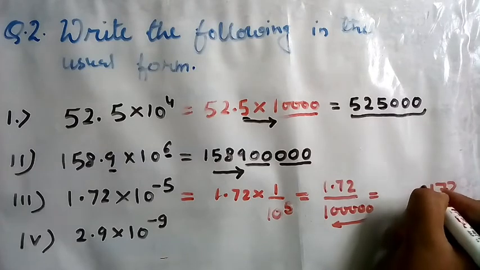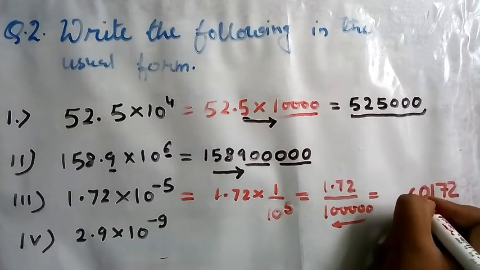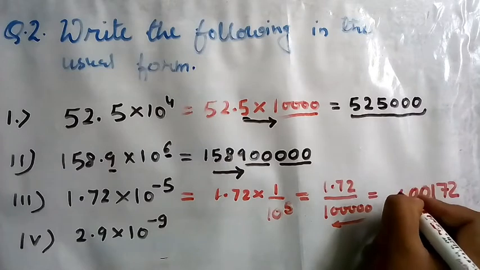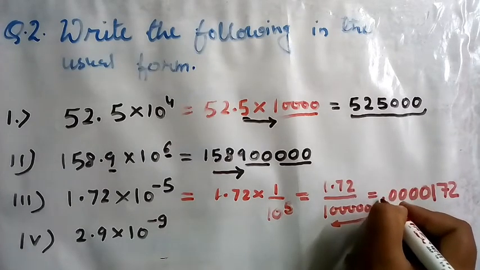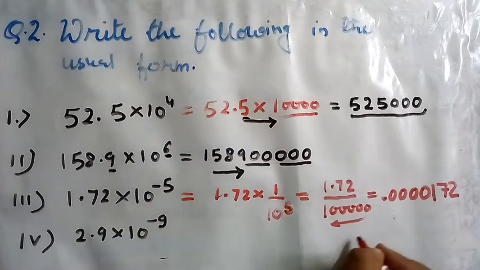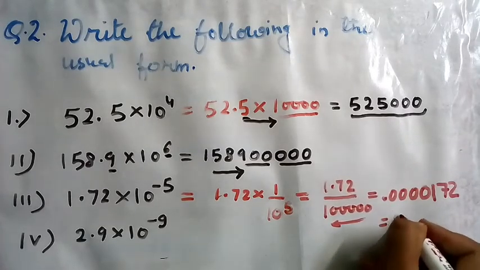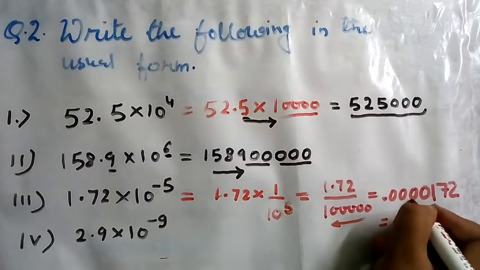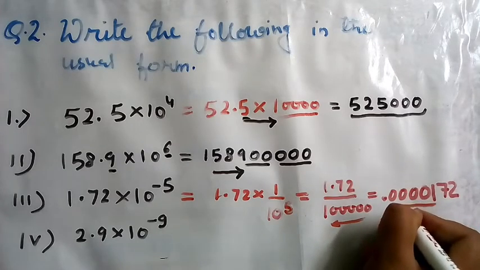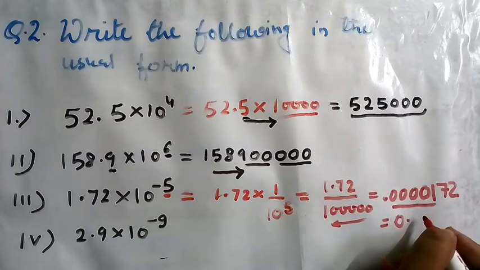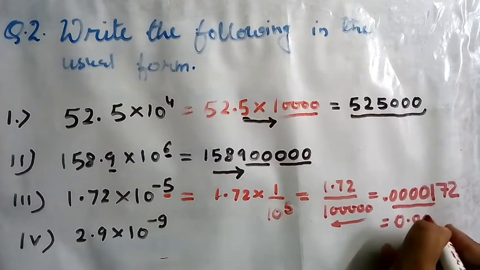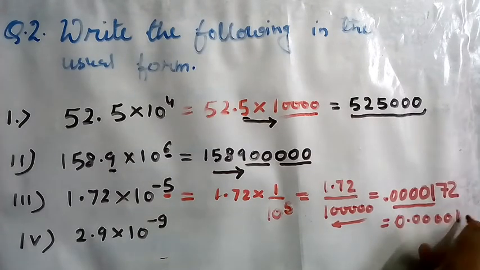So 72 as it is, and the first digit is 1, after that 4 zeros. So now put the decimal, so 0.0000172 is your answer. The power was minus 5, so the decimal is shifted 5 digits toward the left.